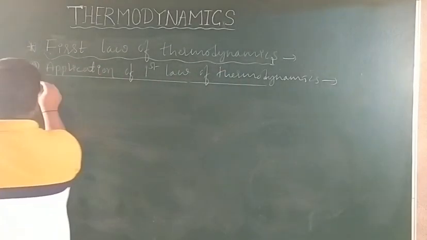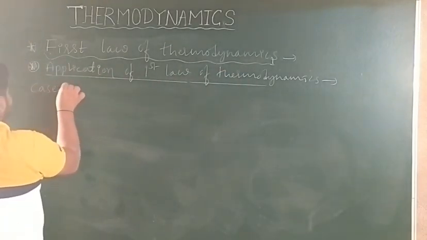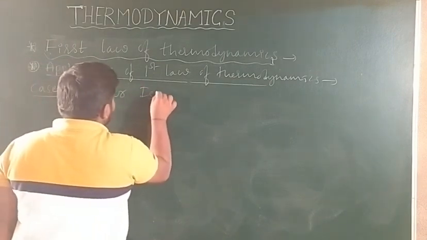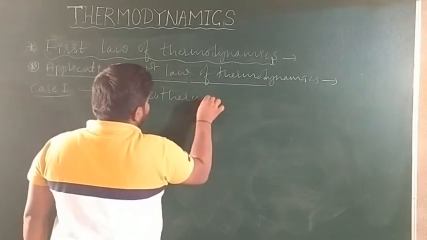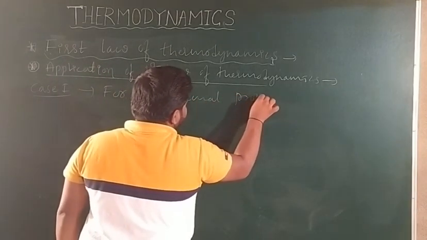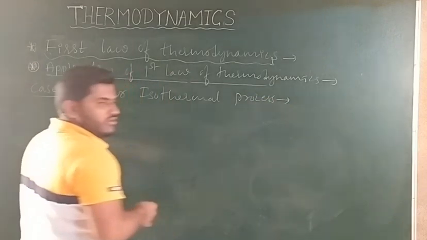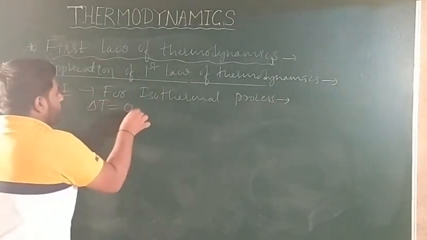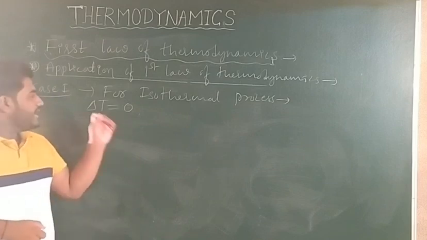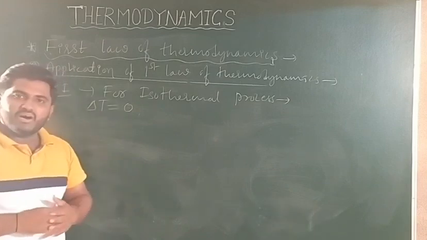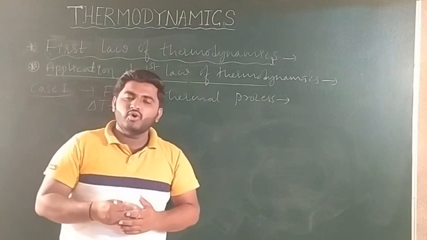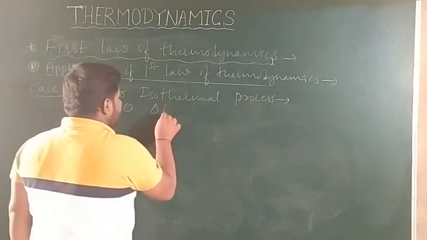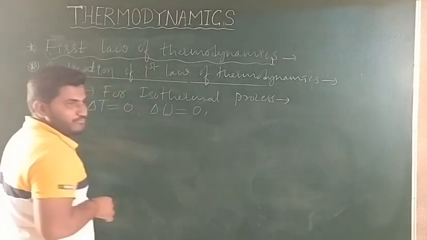Case 1: for an isothermal process, delta T is 0. If change in temperature is 0, change in internal energy is also 0. That means del U equals 0.